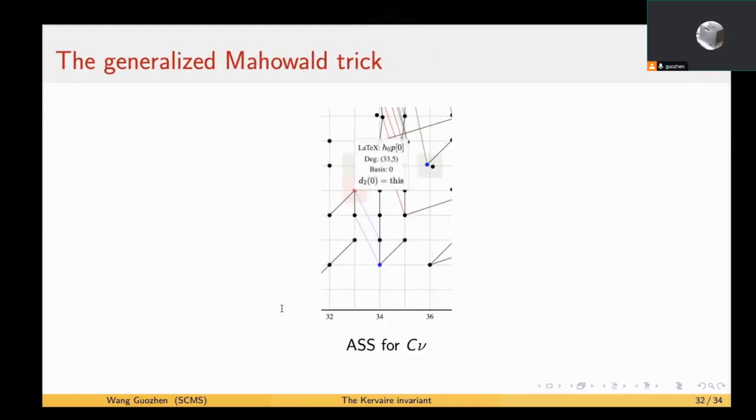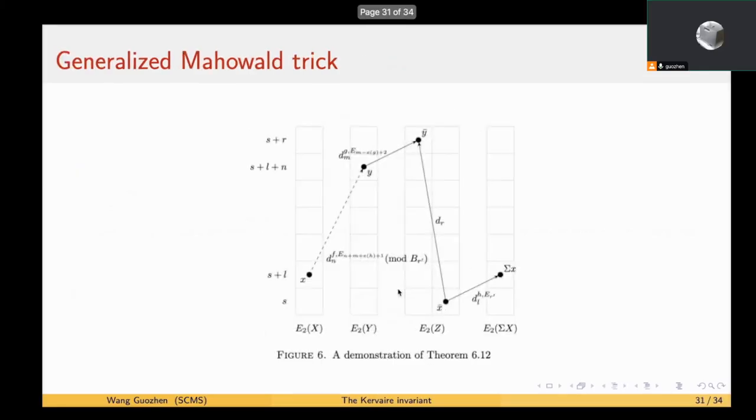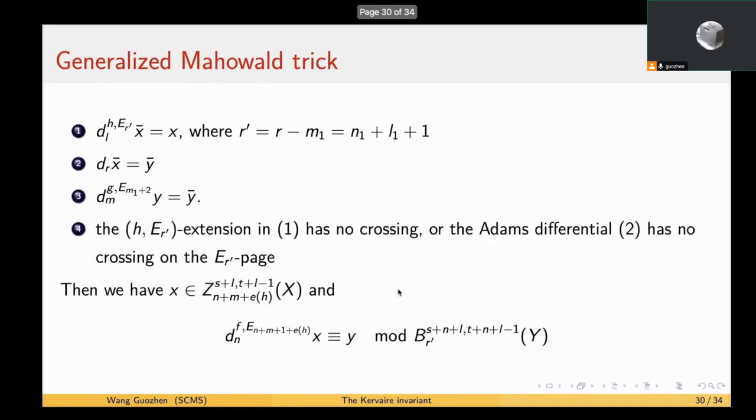But wait, there is a deficiency in this argument. In our generalized Mahowald trick, what we conclude is that there is a dn differential from x to y, which lies in the E_{n+m+1} page.